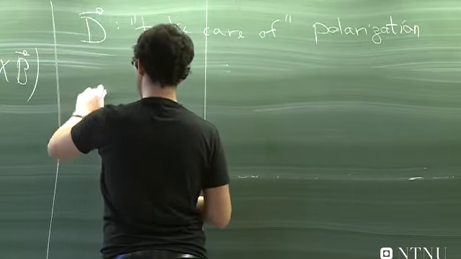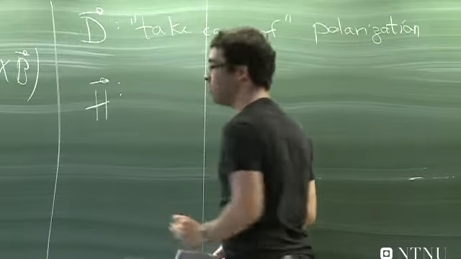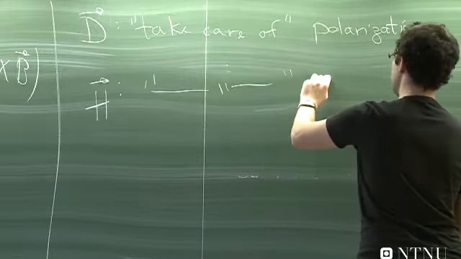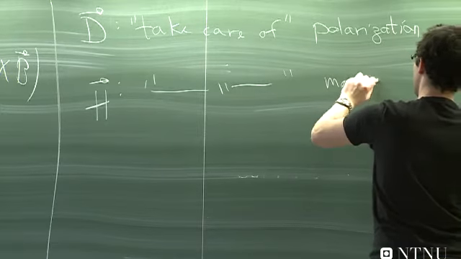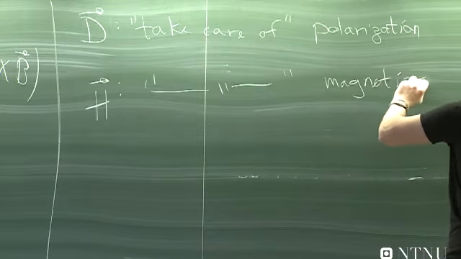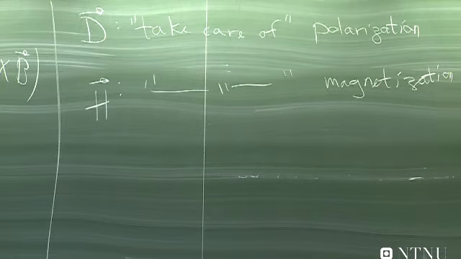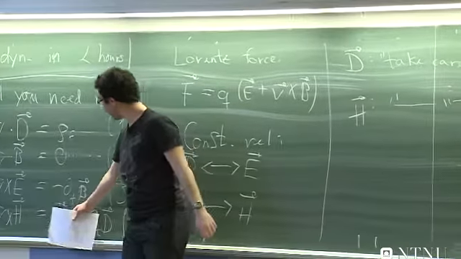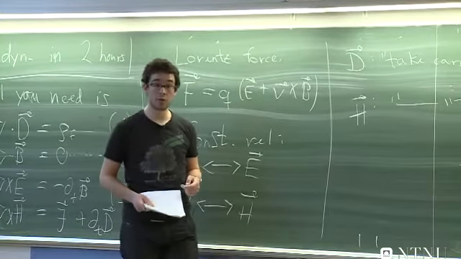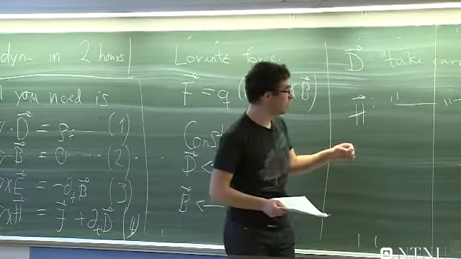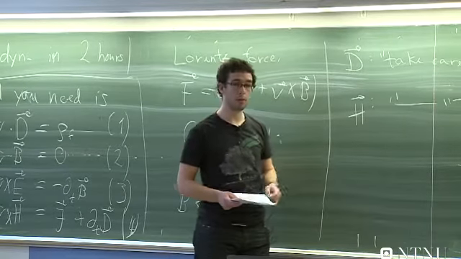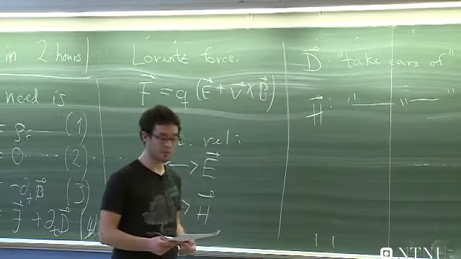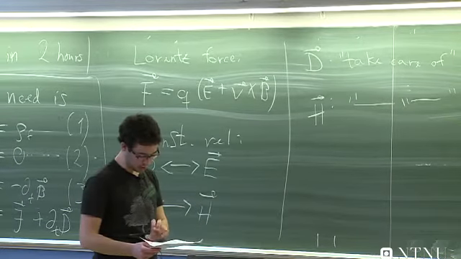Also H equivalently takes care of the magnetization. Meaning, well, if you go back to the equations, you see that these are given just by the sources, meaning that you don't need to think about what material you're in when you're calculating them. And then afterwards, you can find out the E field and the B field from the constitutive relations.